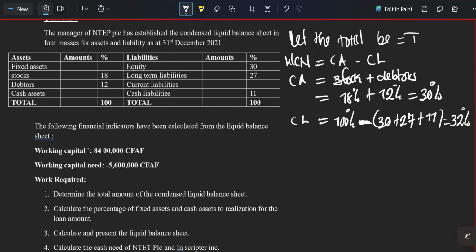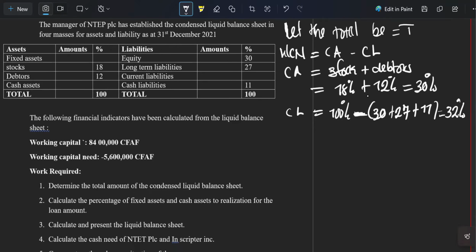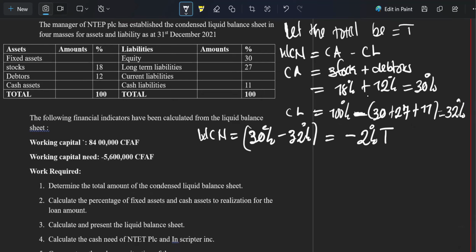So working capital need is equal to 30% minus 32%, which gives us negative 2% of total.